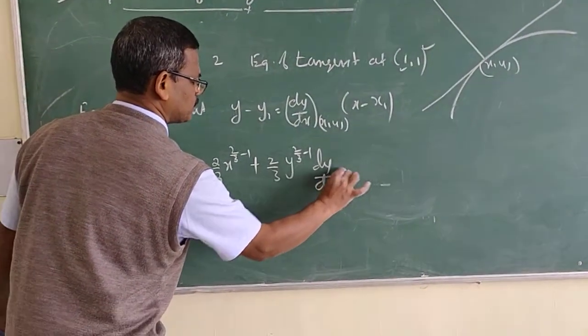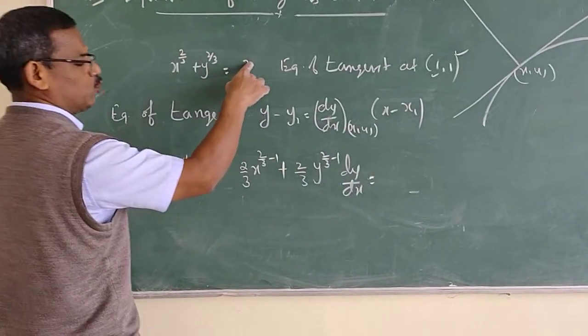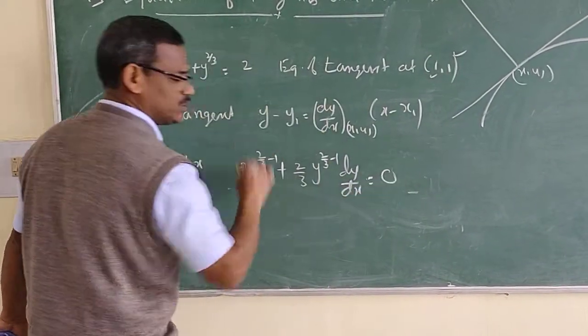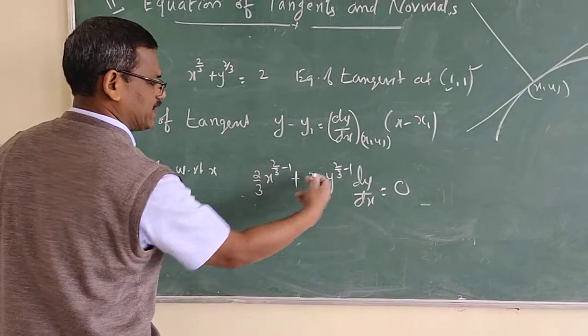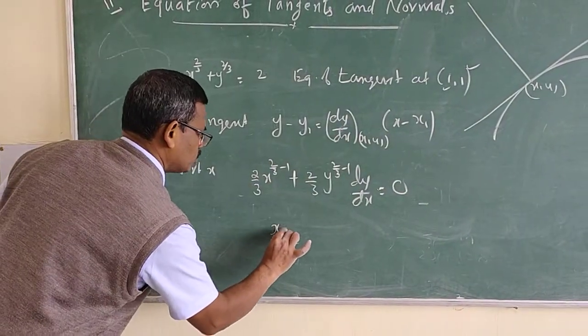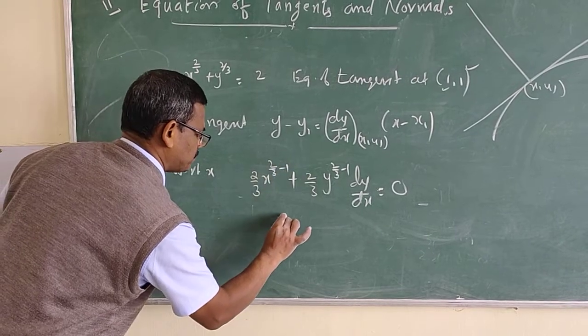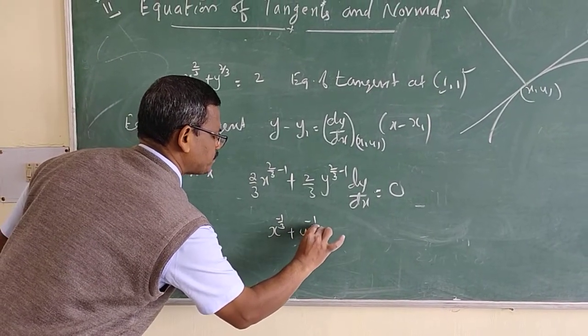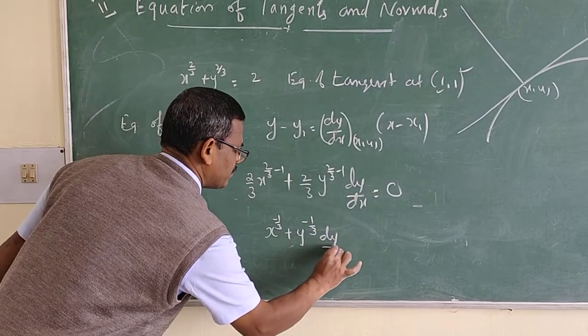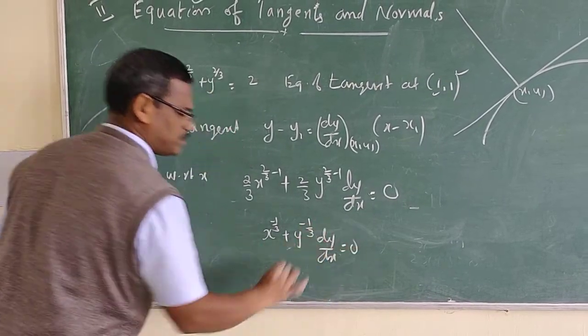You are differentiating with respect to x. The derivative of 2, a constant, is 0. Now 2 by 3 can be removed: x raised to 2 by 3 minus 1 plus y raised to 2 by 3 minus 1 dy by dx equal to 0.